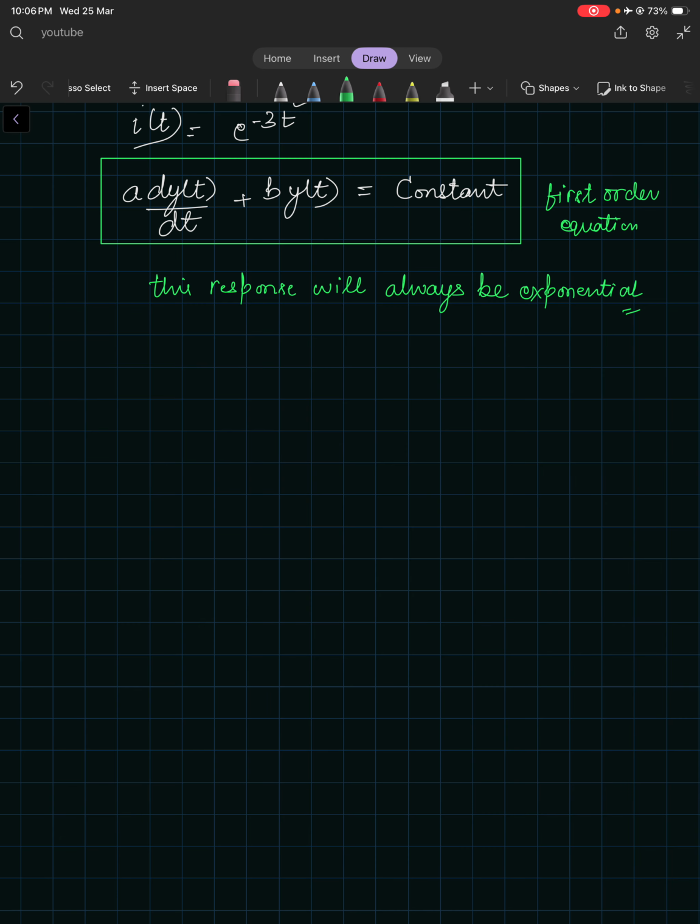So if you know the initial value, okay, this is the time axis. Suppose this is your response, it can be voltage, charge, current or flux. Suppose this is your initial value and this is your final value, right? So you need to draw like this.